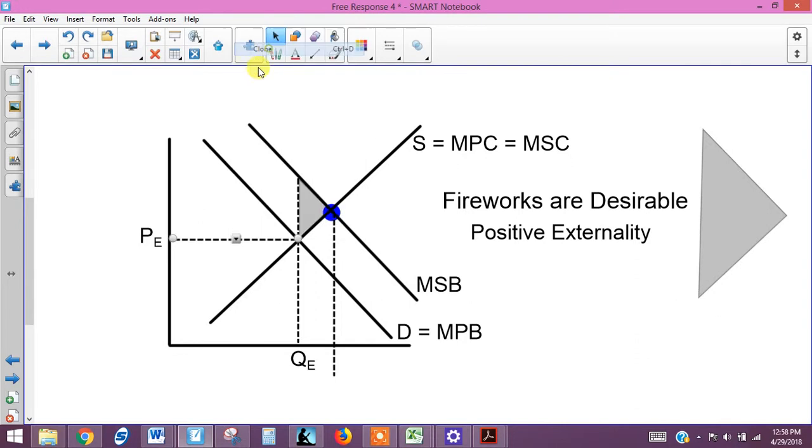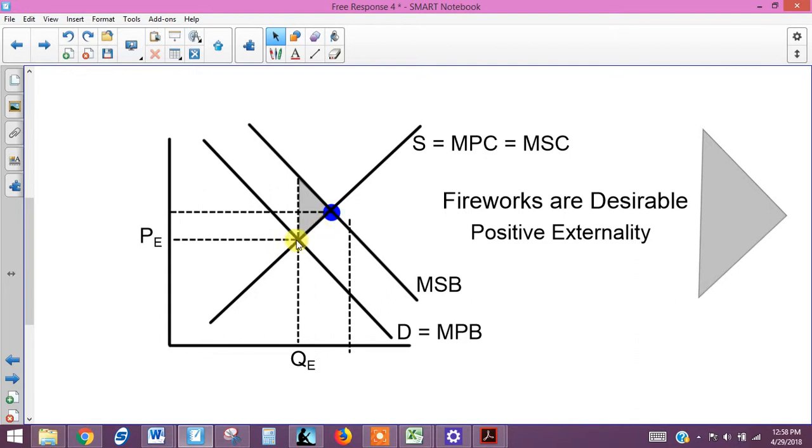So we can say the socially optimum point is here, right? So the answer would be that the market equilibrium quantity right here is actually less than the optimum.